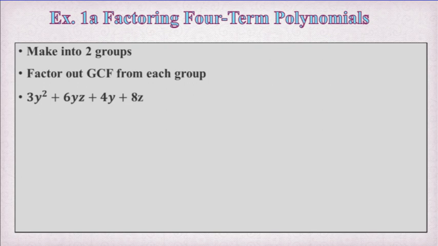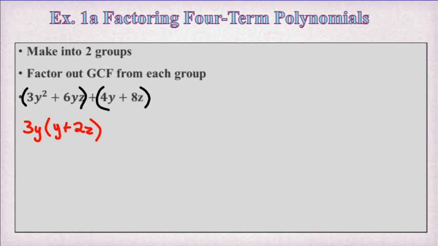I know that 3 and 6 are good factors to work together, and I know that 4y and 8z can be factored together. So I'm just going to group them that way, and I can factor out a 3y in this first set, and that leaves me with a y plus 2z.